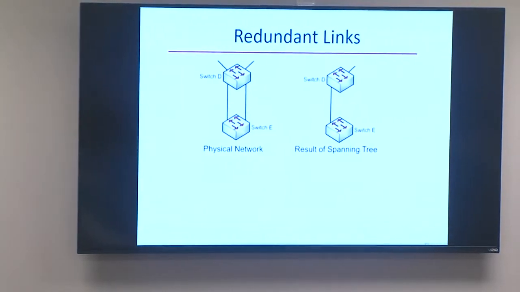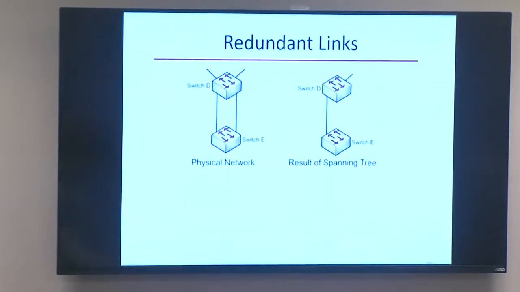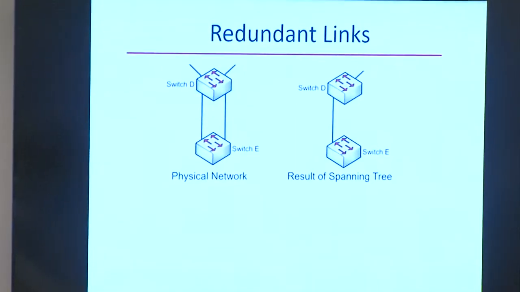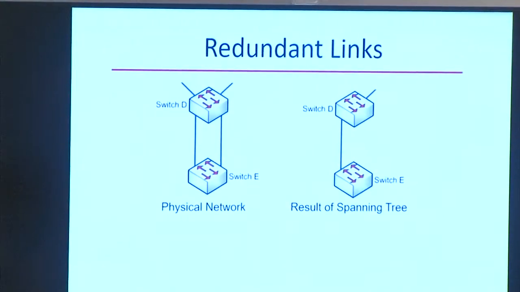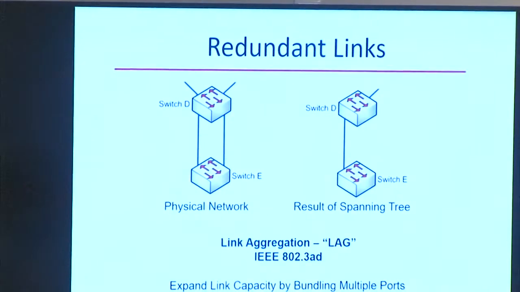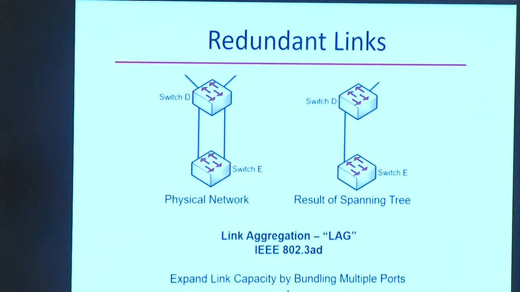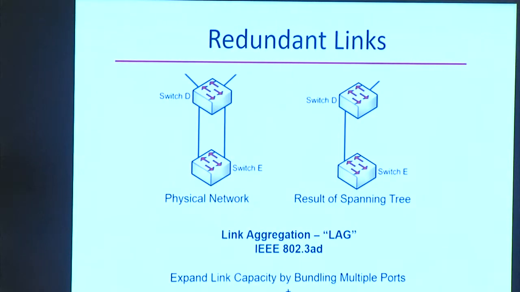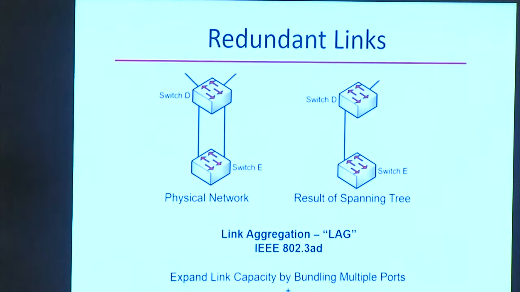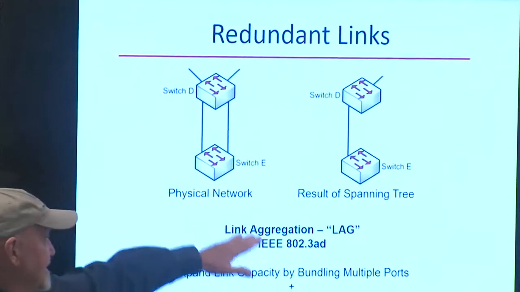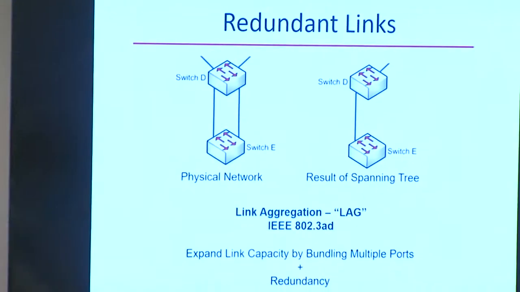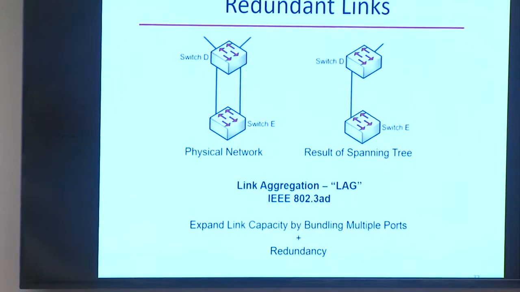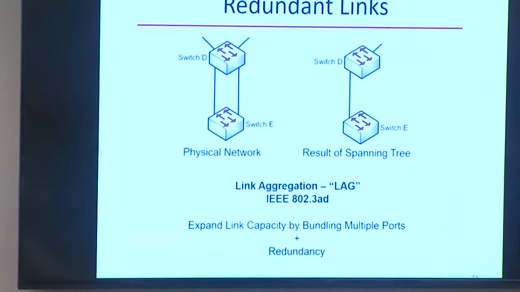As a result of spanning tree, it's going to prune one of the links by disabling the ports. However, I could use link aggregation or LAG to simply expand that link capacity. Of course, there's an IEEE standard associated with link aggregation.